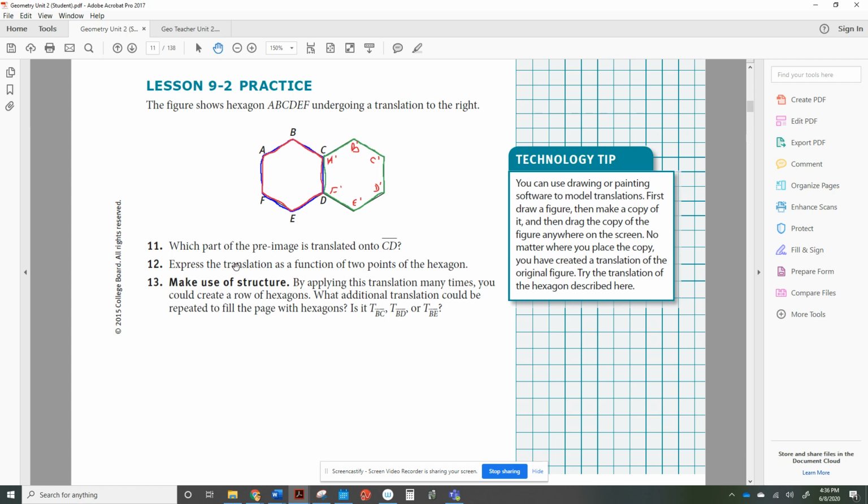It says express the translation as a function of 2 points of the hexagram. So they want to know what goes down here. What segment did I translate? And remember, I need a line segment. It said 2 points, so I need 2 points. One point that's going to map to the other point.